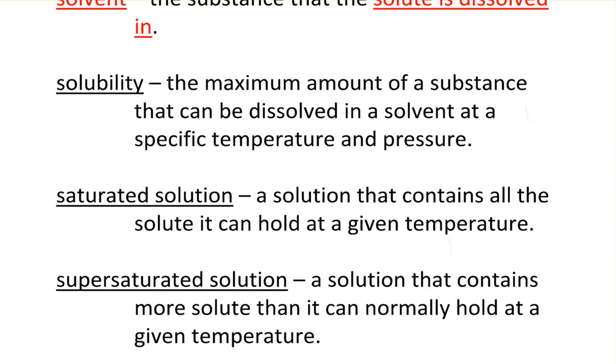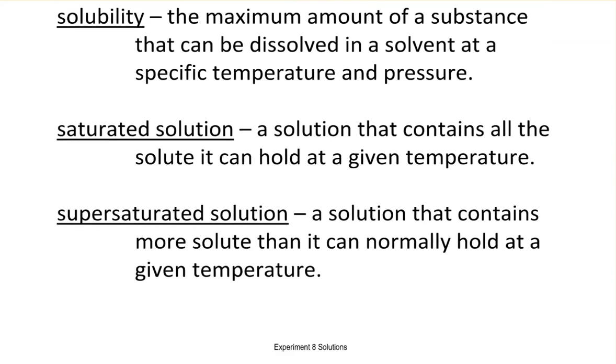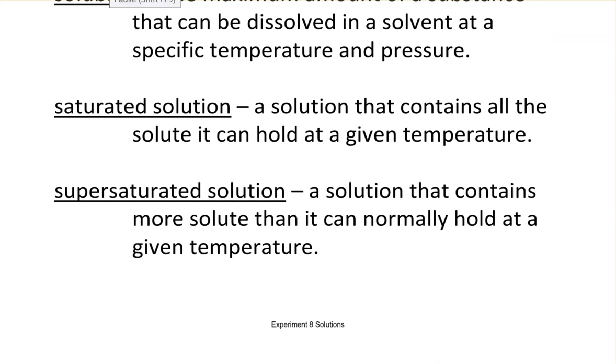A supersaturated solution is where somehow you've played a trick and gotten more to dissolve than is stable. The trick we usually talk about as common is that if you dissolve, say, sugar in water when the water is really hot, you'll get more to dissolve because solubility increases with temperature for solid solutes.